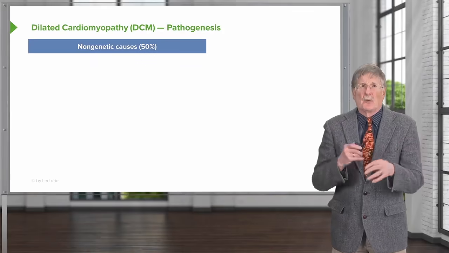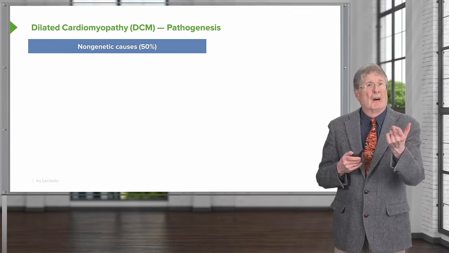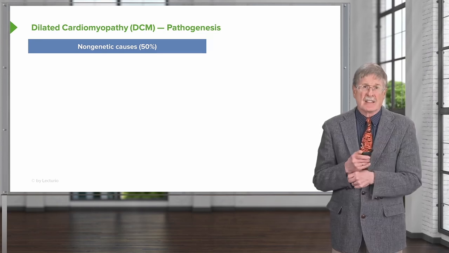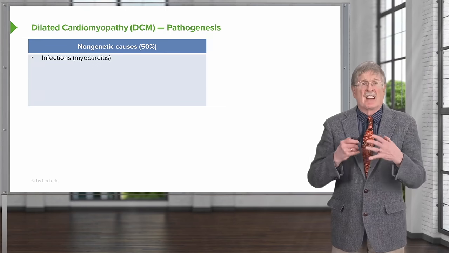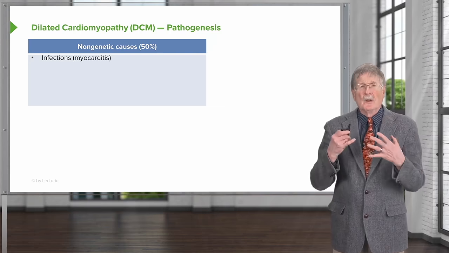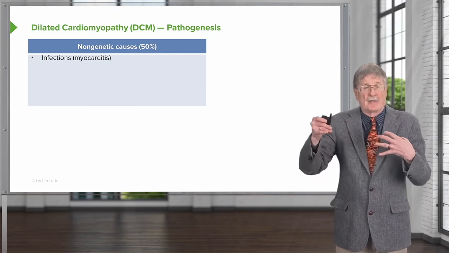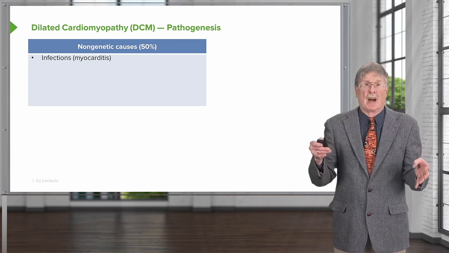Again, it's 50-50 roughly for the causes of dilated cardiomyopathy. We'll cover first the non-genetic causes. So it turns out that infections, in particular myocarditis, will cause damage to the cardiac myocytes, and then over a period of time, you may develop a dilated cardiomyopathy.